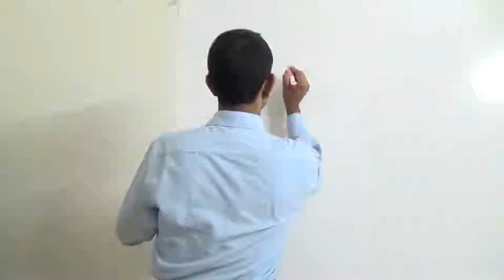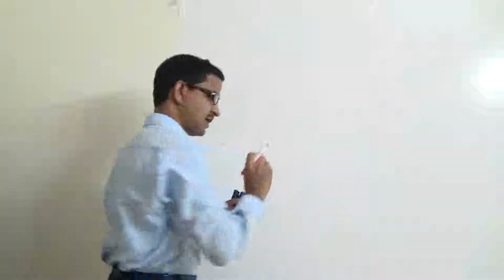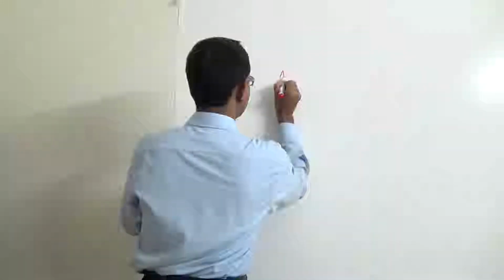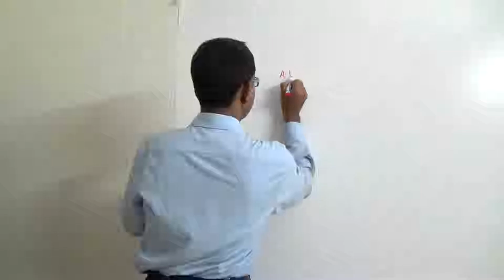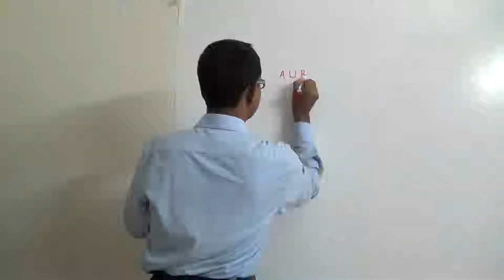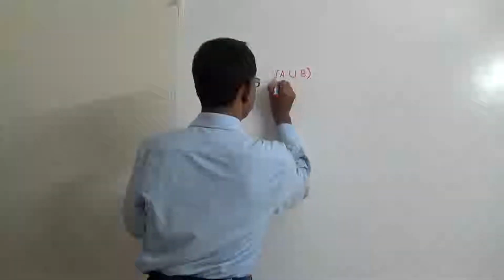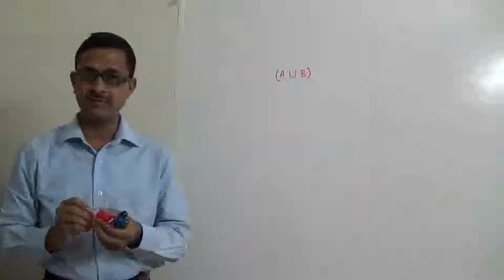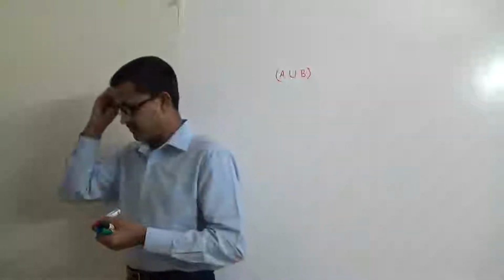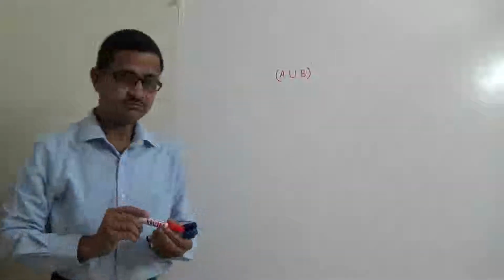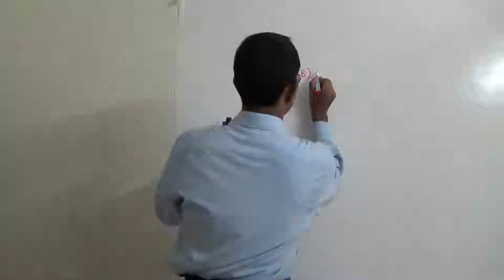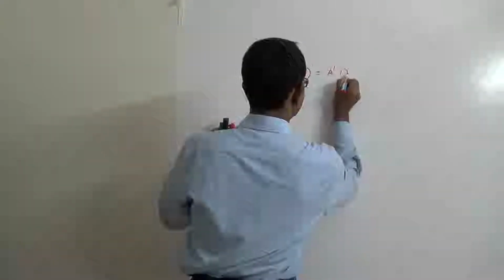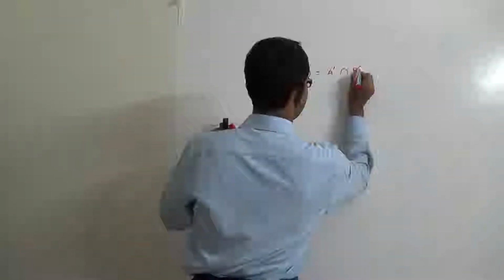So De Morgan's law says: suppose I have two sets A and B. If I take the union, A union B, and then its complement, (A union B) prime, then the result is A prime intersection B prime.